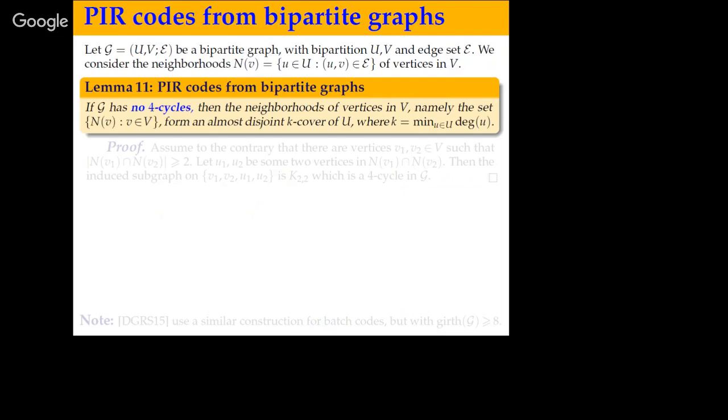So I take the neighborhoods, so look at one side, let's call it V. I take S vertices on side U, and there's going to be R of them here, so U will be of size S, and V will be of size R. And I take these neighborhoods, and for each neighborhood, that's a subset of S. Is it clear what I'm doing? So then I claim if the graph has no 4 cycles, then these neighborhoods are almost disjoint. Why is that true?